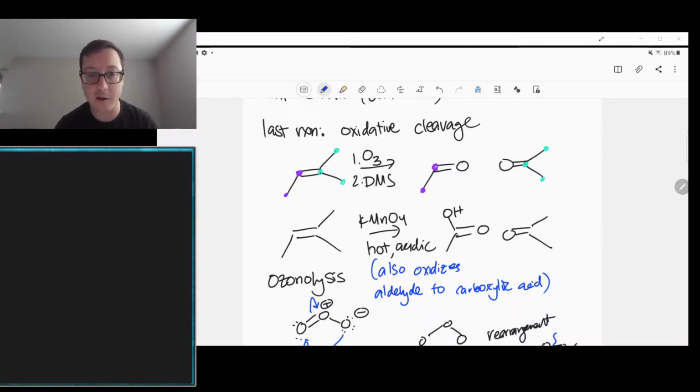We'll learn about oxidation later, but just accept it for now, I suppose, that if you use ozonolysis, it's a little bit gentler. You end up with ketones and aldehydes, some combination thereof. If you have KMnO4 that's hot and acidic, you'll end up with carboxylic acids and ketones only, no aldehydes.